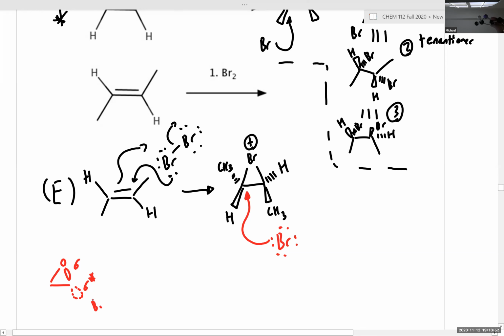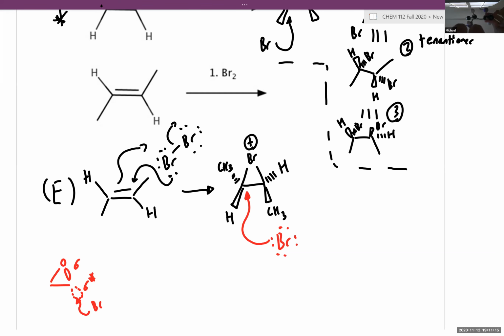And our bromine is attacking the sigma star, so it's attacking from the opposite side to our carbon-bromine bond. So we're going to attack at the left-hand side, and we're going to break our carbon-bromine bond and open up our bromonium.